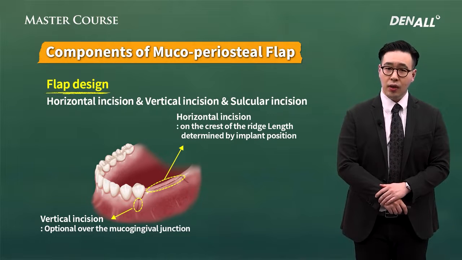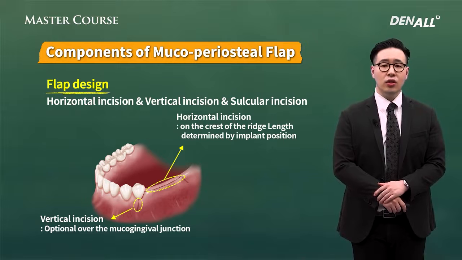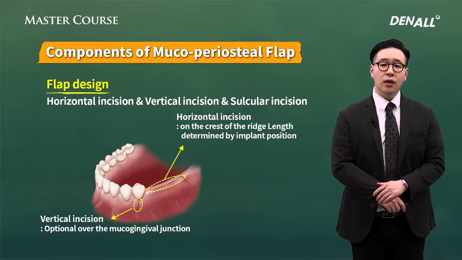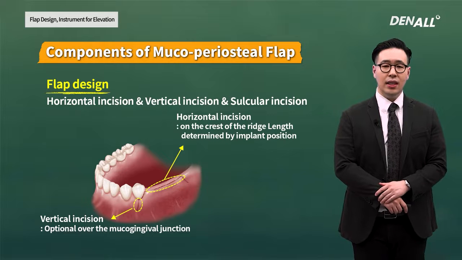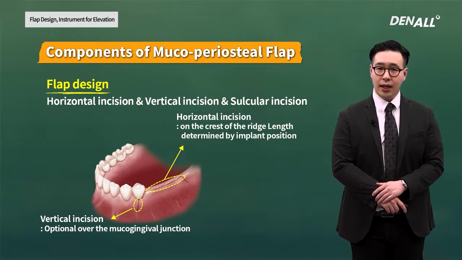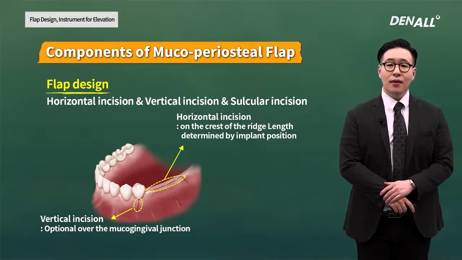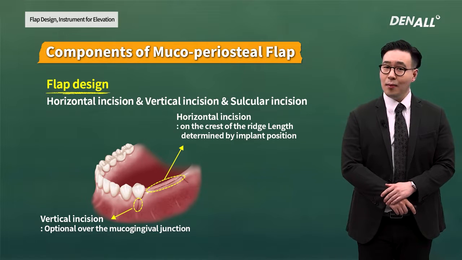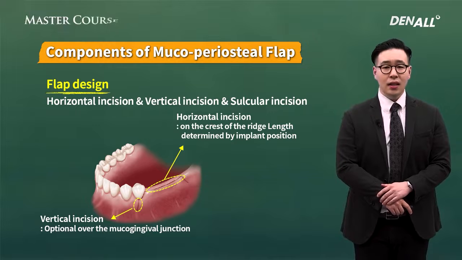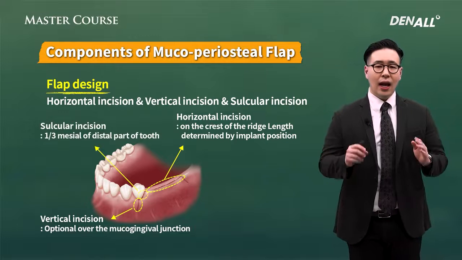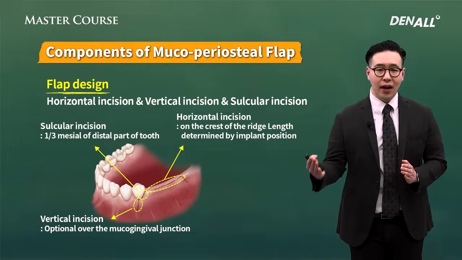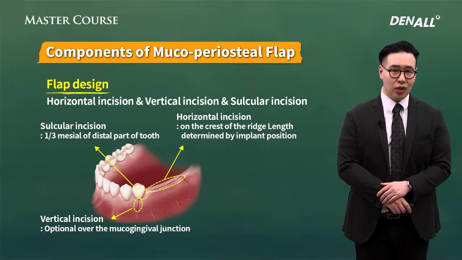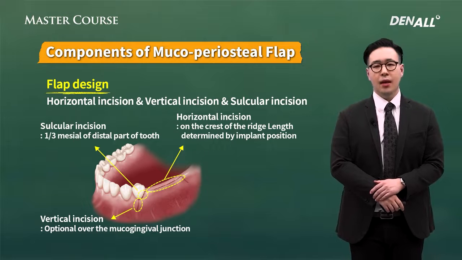If you're doing a vertical incision, the length is important and it should cross at least the mucogingival junction for flap elasticity and relaxation. There is clinical implication for vertical incision. You can limit the surgical site and also do a sufficient amount of flap elevation for surgery.